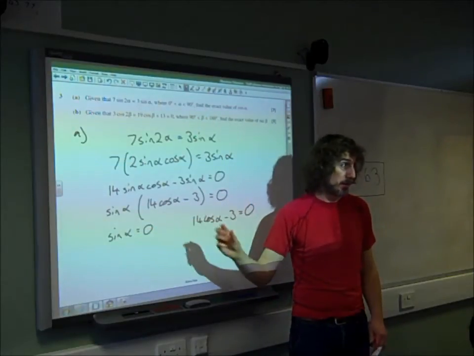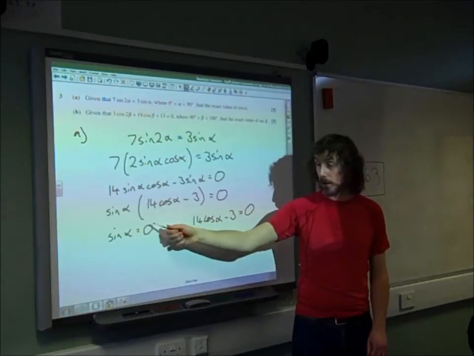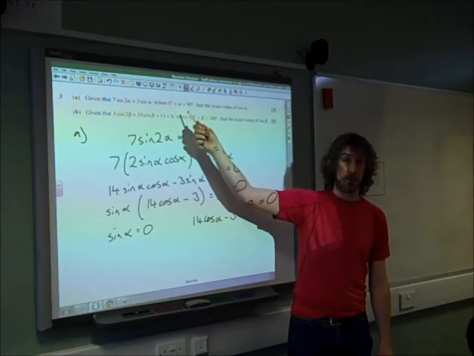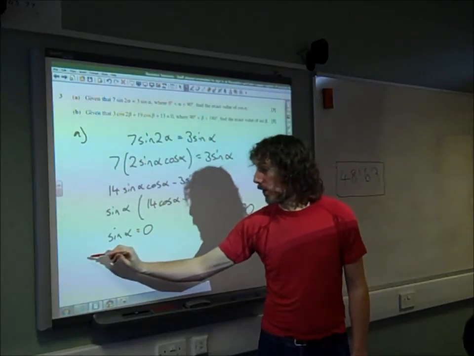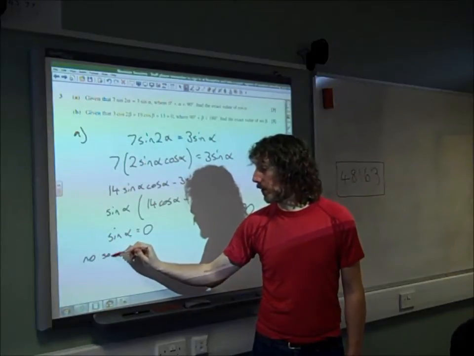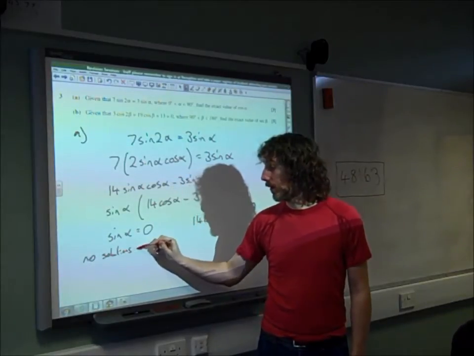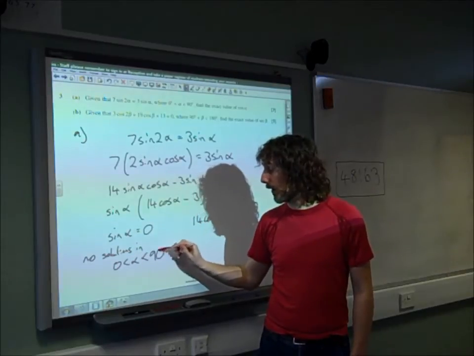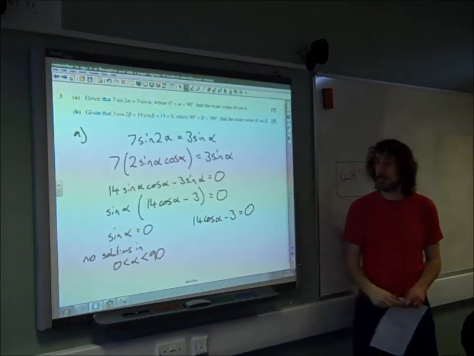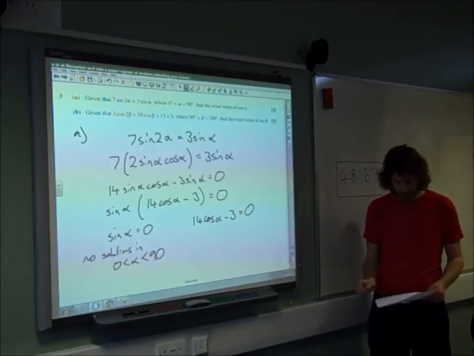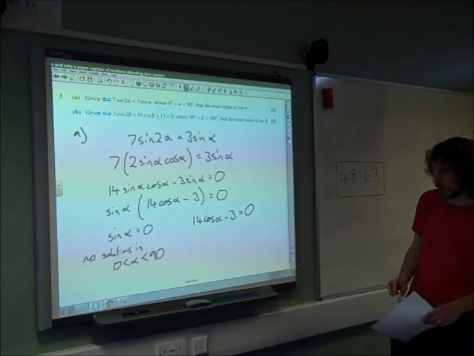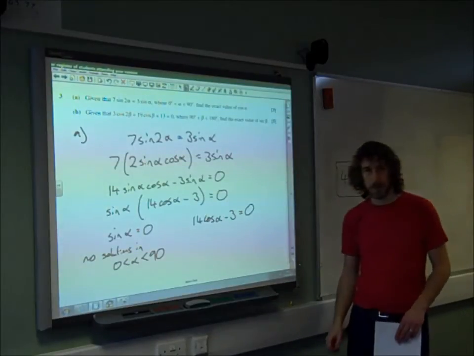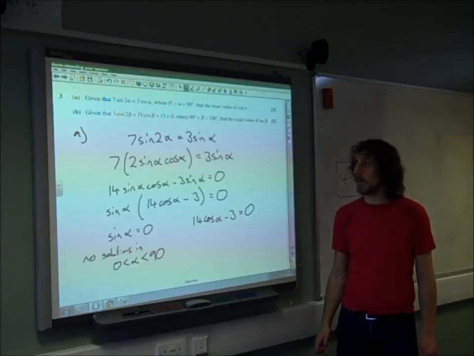It's only just because 0 would have worked, but 0 isn't allowed. So there are no solutions in 0 to 90. Sine alpha can't be equal to 0 in that domain.